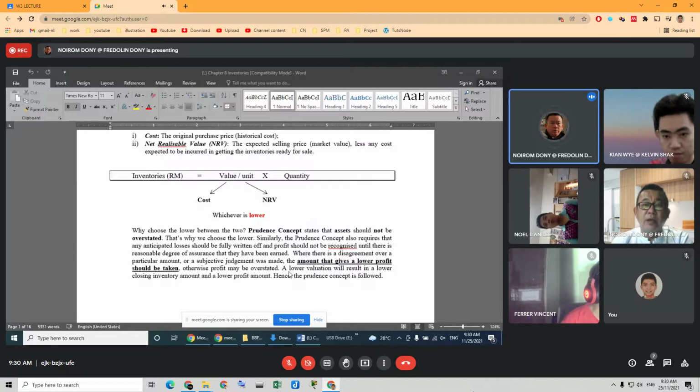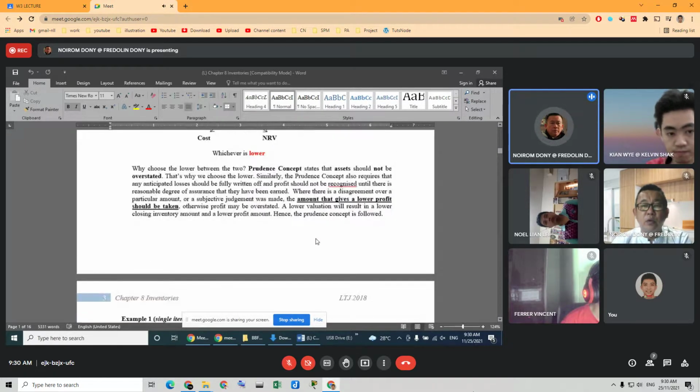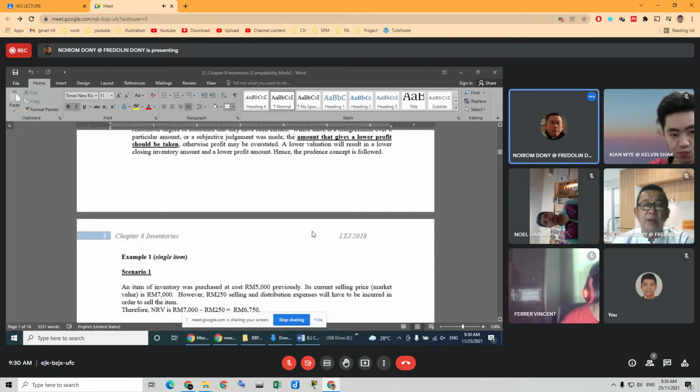A lower valuation will result in a lower closing inventory amount and a lower profit amount. Hence the prudence concept is followed. So to be safe, always take the price that gives a lower profit. So when you do the valuation, take the lower value.